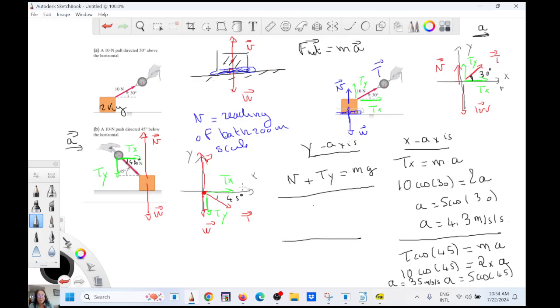Along the y-axis, now we have the normal up, okay, plus Ty is up, so T sine 45 equals the weight. Okay, so along the y-axis, I can say up equals down. They kill each other out. And you see that the normal force is not as large.